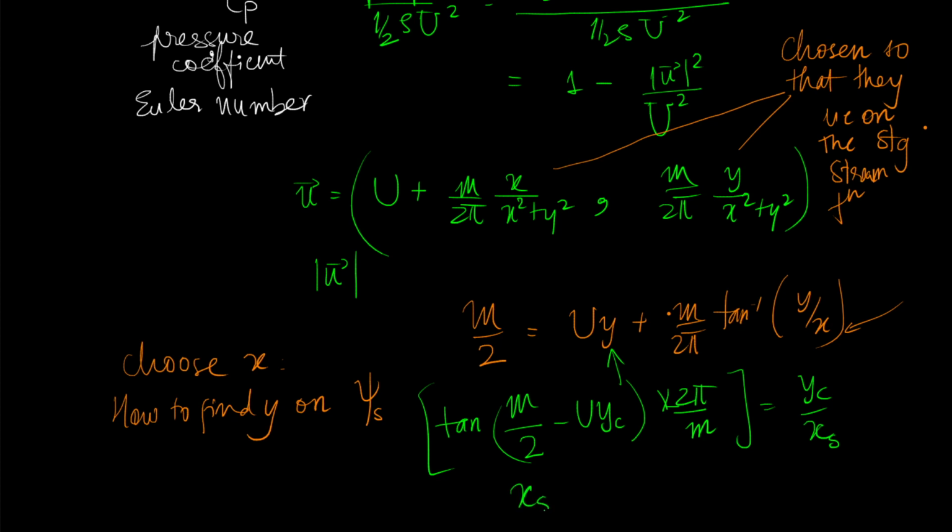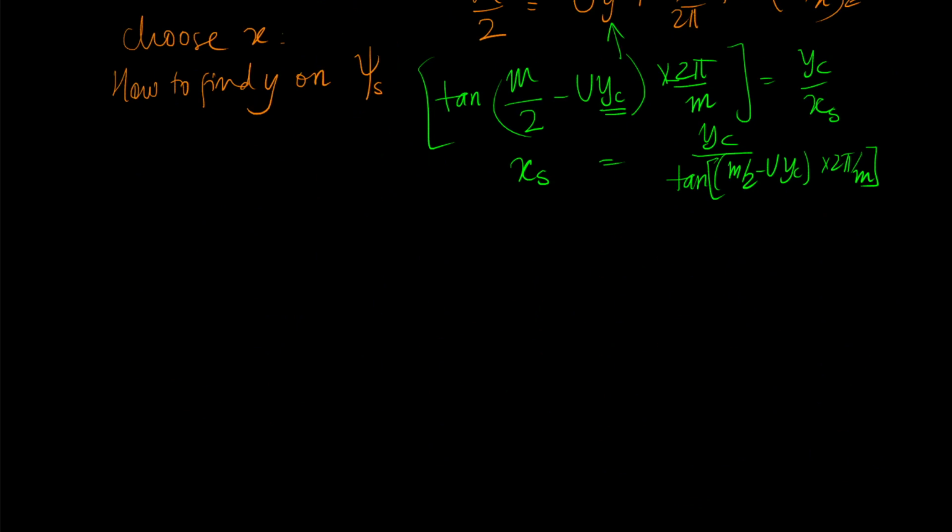So the x that corresponds to the value of y chosen will be correspondingly this. Then you can substitute these values over here, find out the magnitude of the velocity, and find out the pressure distribution.